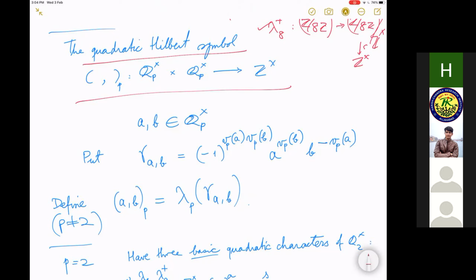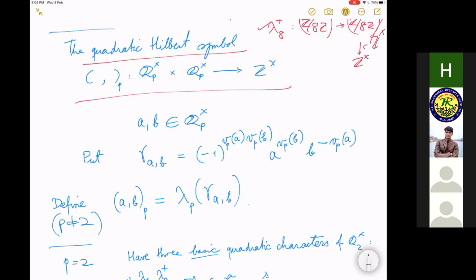So it's a symbol, it's a map from QP star times QP star to Z star, plus minus 1. Z star is just plus minus 1, right? This group. So for A and B in QP star, you first define this gamma AB by this expression.